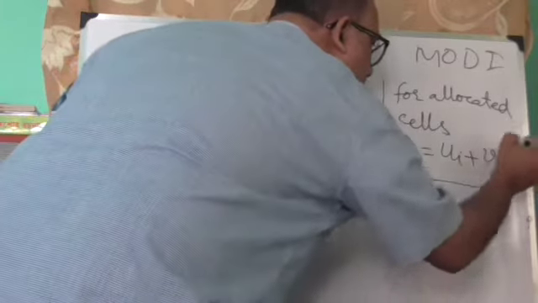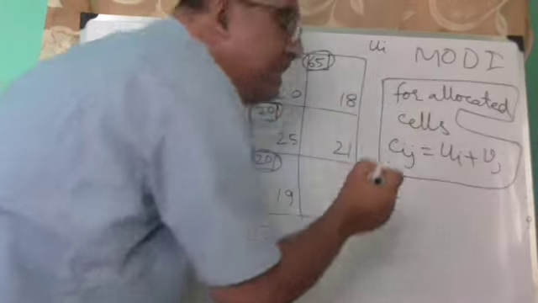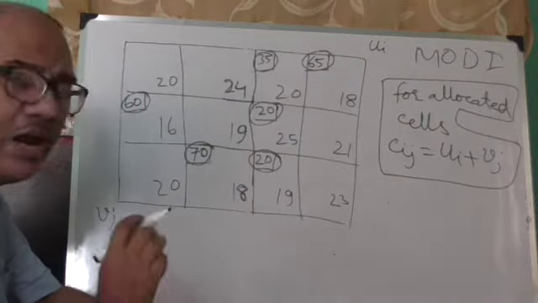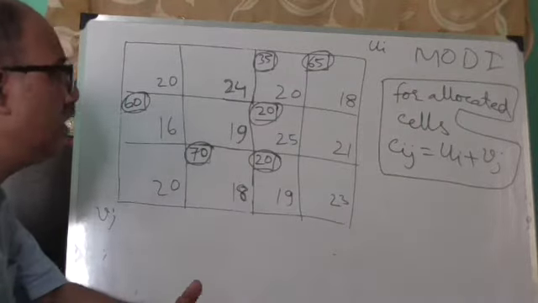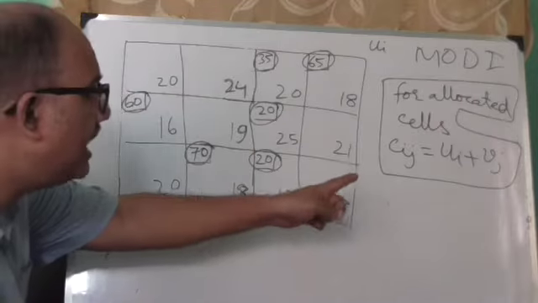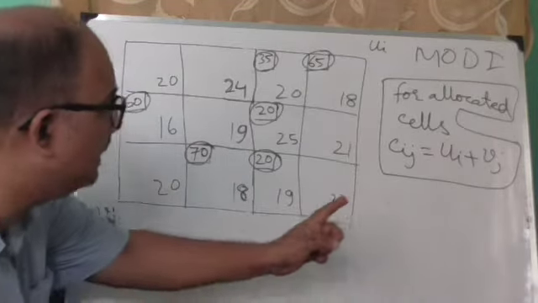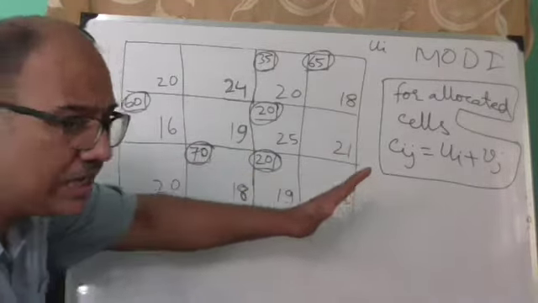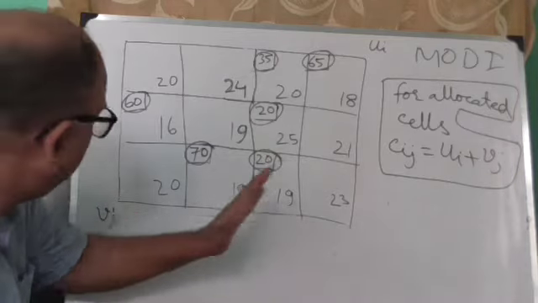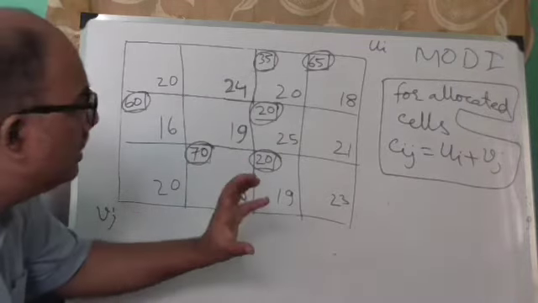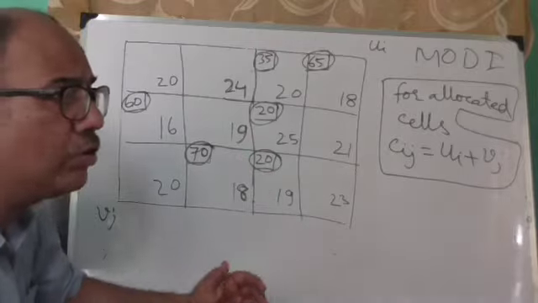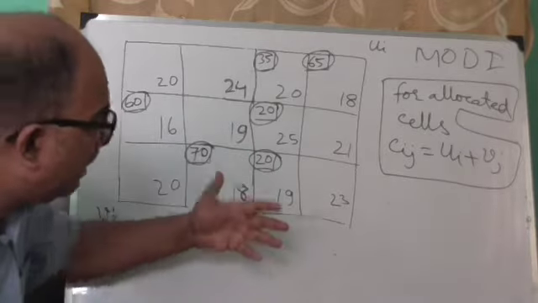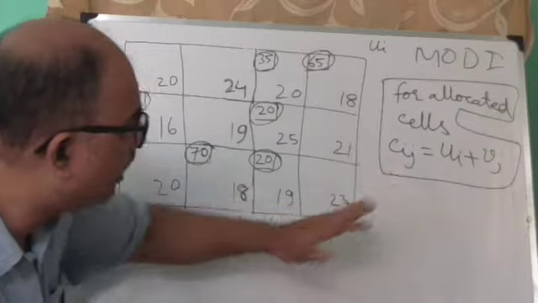So we have to calculate Ui and Vj in such a way for the allocated cells that this condition is satisfied. Ui and Vj are quantities that represent shadow prices, which can be obtained using this formula.